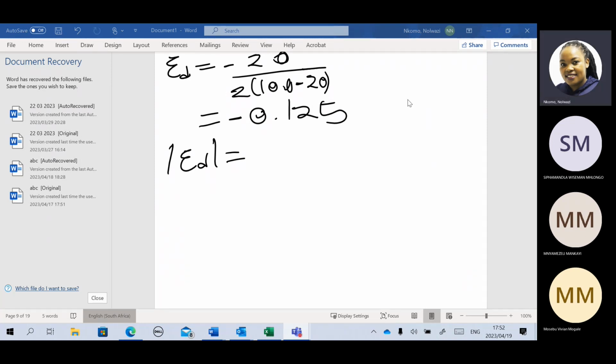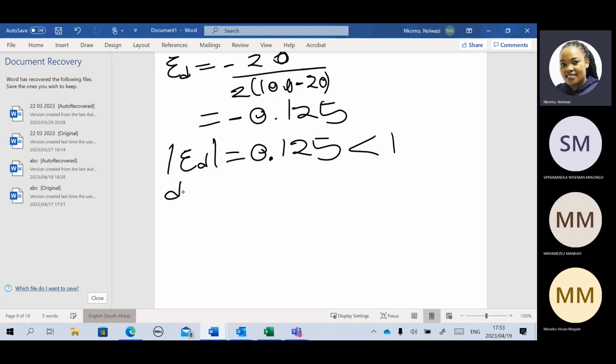If the elasticity of demand is minus 0.125, that means the absolute value would be 0.125. And this value is less than 1. Since this value is less than 1, this means the demand is inelastic at this point, at the point P equals 20.